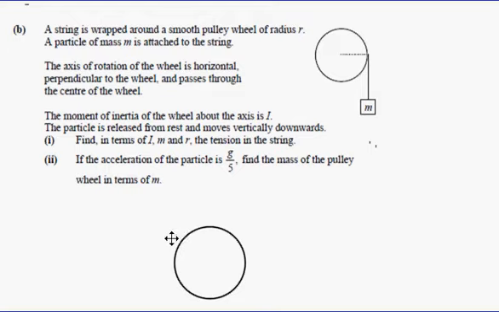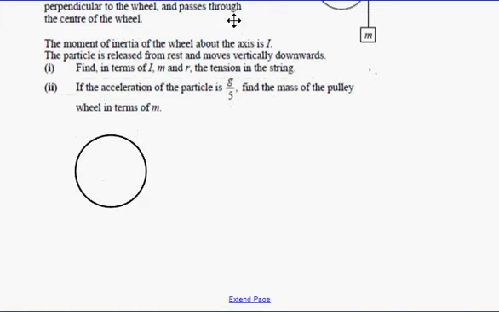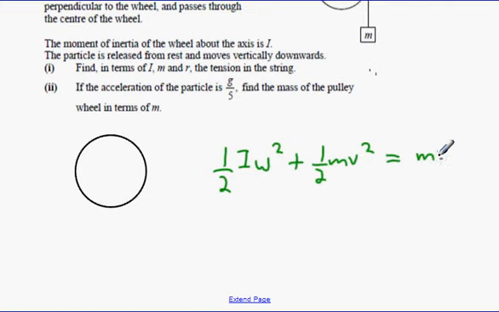Okay, so let's begin. We have two different types of energy going on here. The first one is the rotational energy of the wheel, which is a half I w squared. That in turn is added on to the kinetic energy of the moving particle, and all this energy comes from mgh.